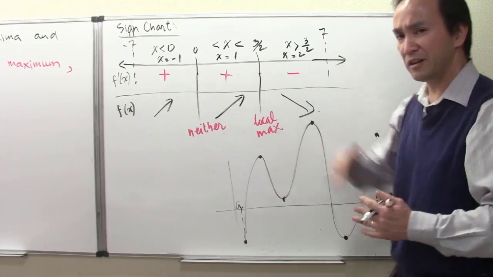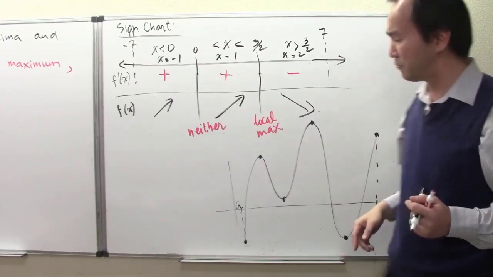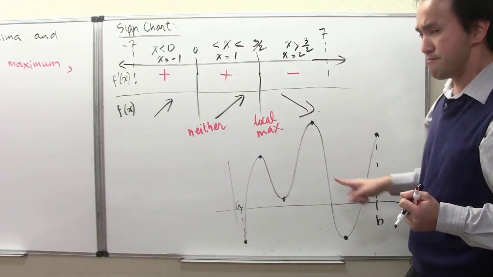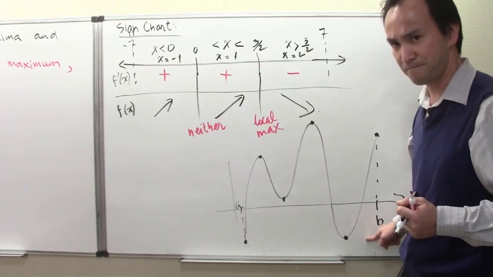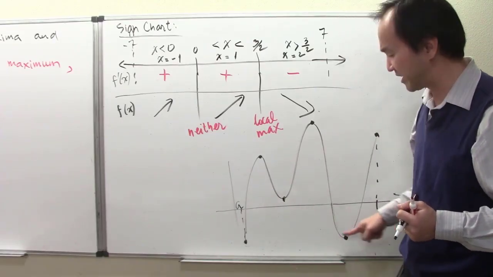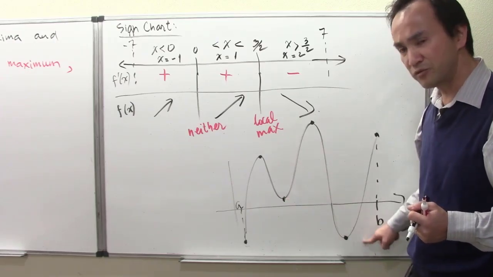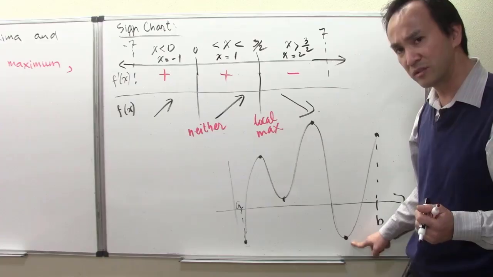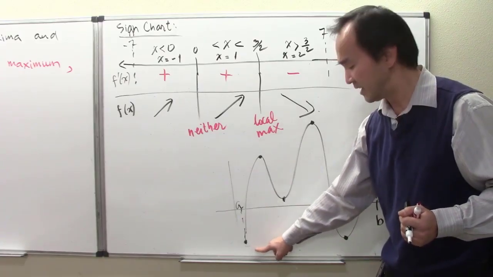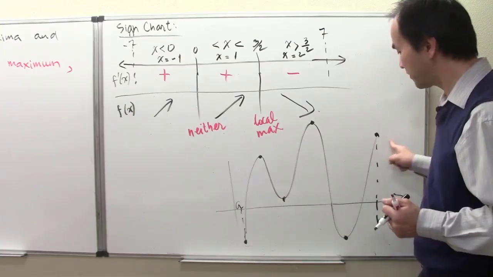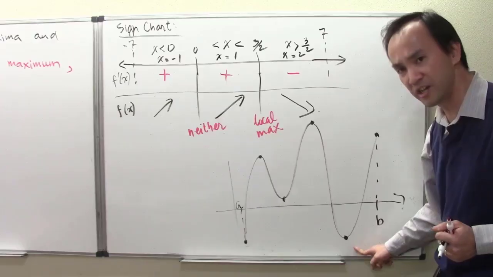And so now, when you're searching for the absolute maximum and absolute minimum, make sure to also include the values of the two endpoints. Because yes, even though among the local minimums right here you may find someone who's the lowest, you still have to compare with both of the endpoints, because who knows, maybe one of the endpoints goes even lower than that point.